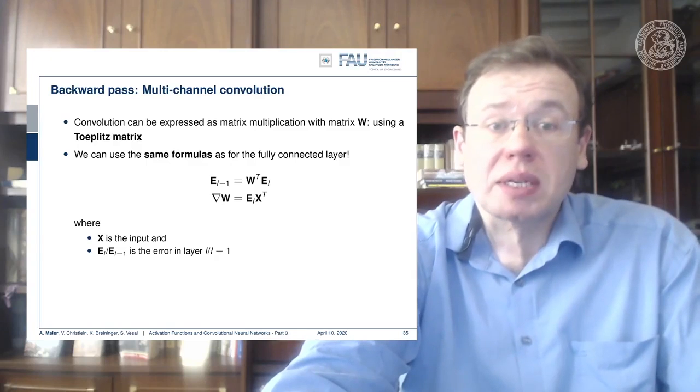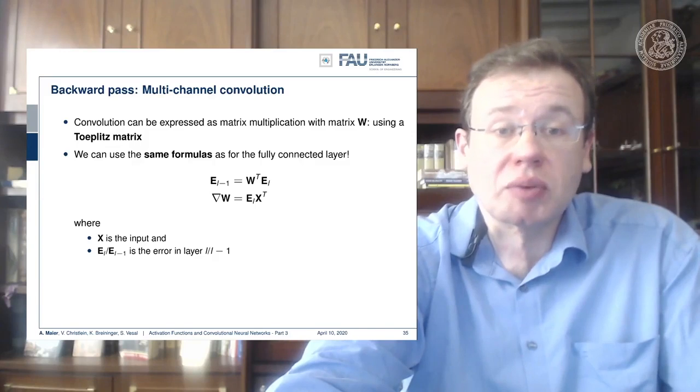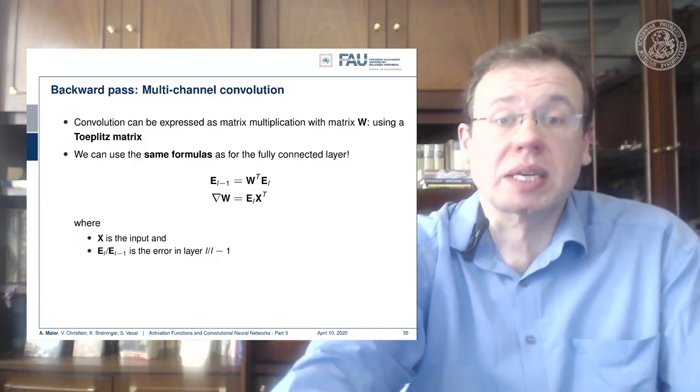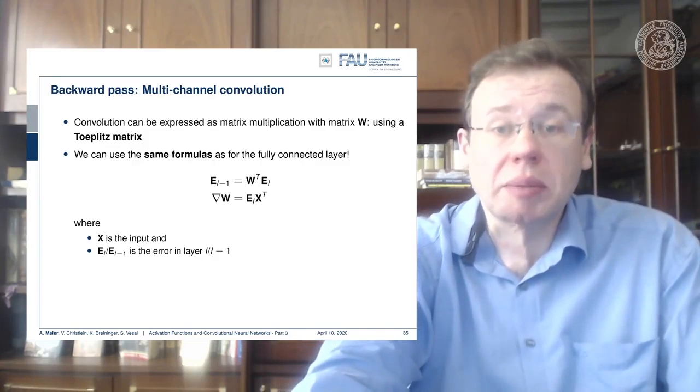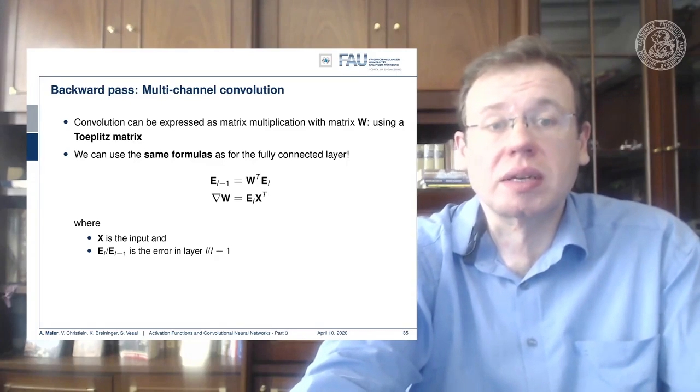Let's talk a bit about the convolution. Convolution is expressed as matrix multiplication with this matrix W, and there we're using a Toeplitz matrix. This Toeplitz matrix is a circulant matrix.